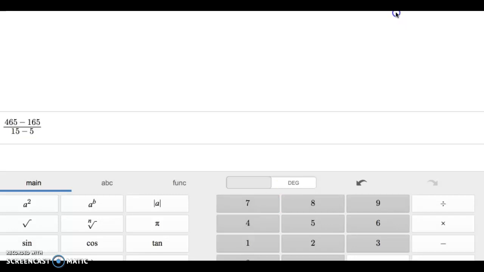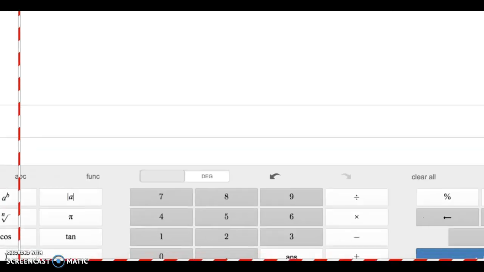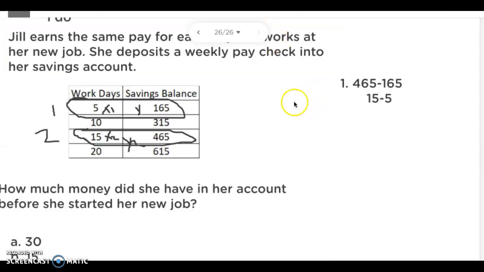Now it's important for us to understand that 30 is the rate of change. You see the 30 right there? I hope you can see that. 30 is the rate of change. That means, according to this problem, she is earning $30 an hour.